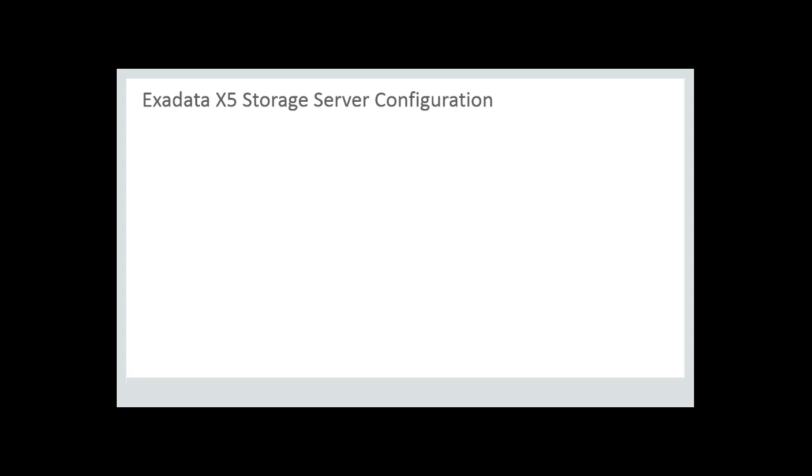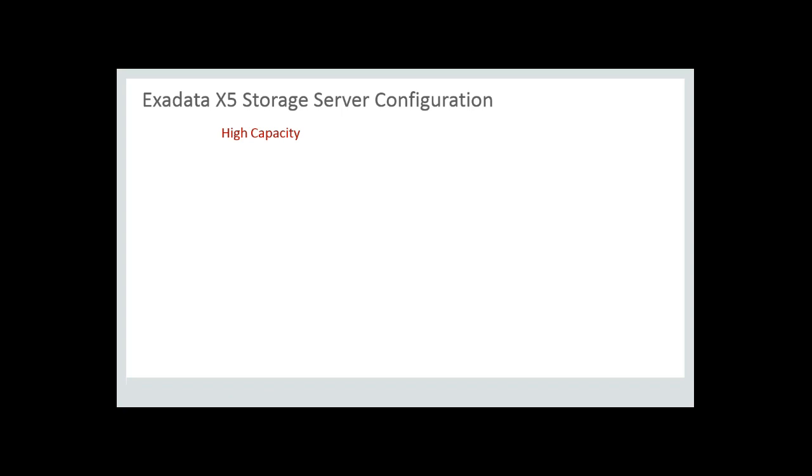Now we are going to see the storage server configuration. As I said earlier, a full rack has multiple storage servers, so right now when we talk about the configuration, it will be of only one storage server.